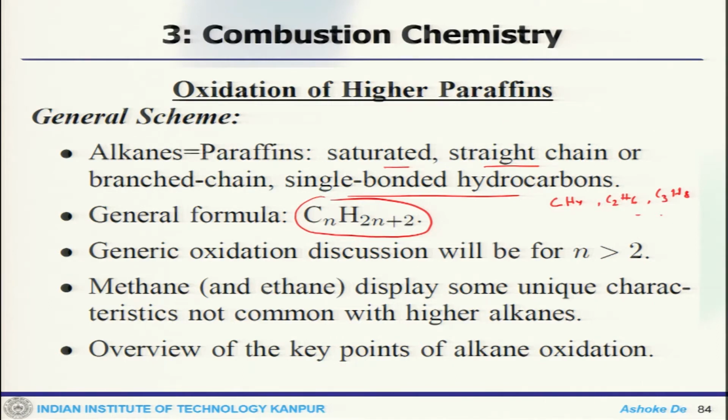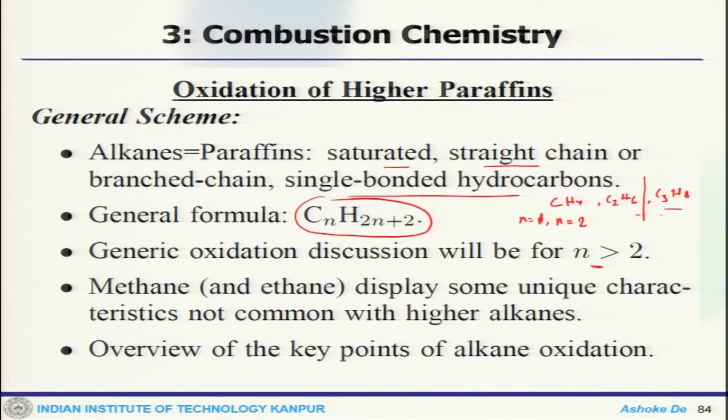Now, the generic oxidation discussion will be for n greater than 2, that means we will start from propane and butane. Methane and ethane display some unique characteristics not common with higher alkanes, so n equal to 1 and 2 show different characteristics compared to higher order hydrocarbons.